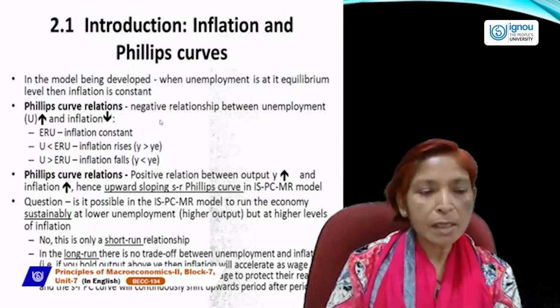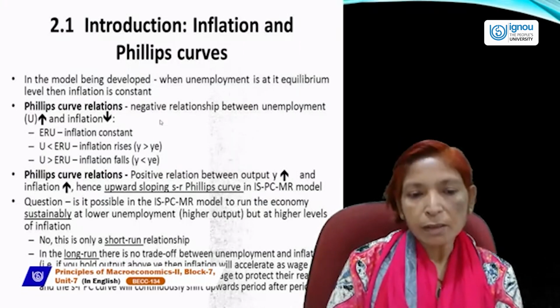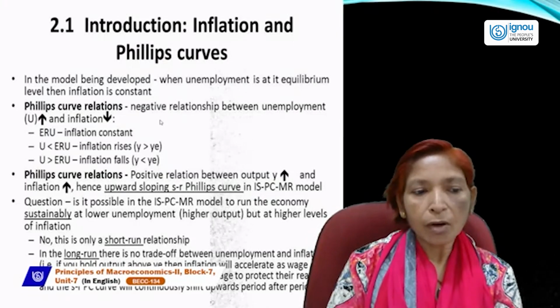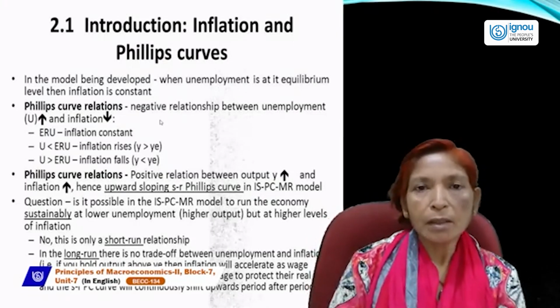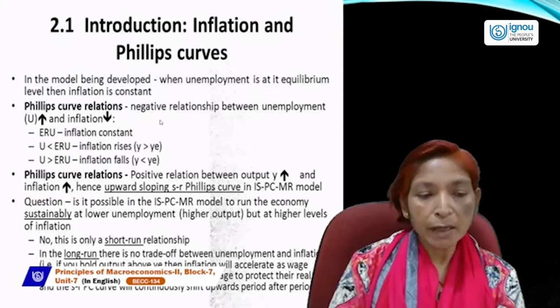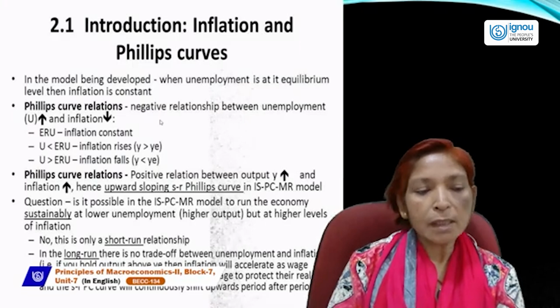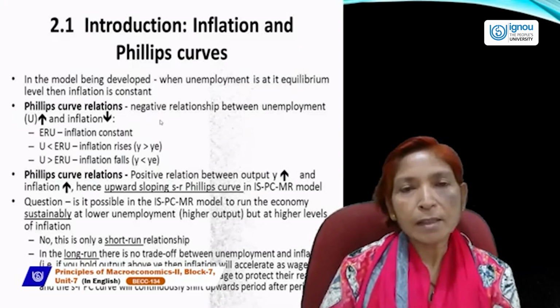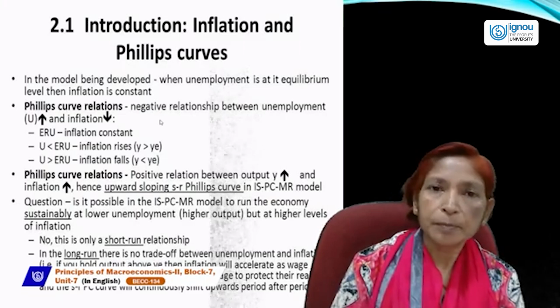Now the question is: in the Phillips curve model or short run model, is it possible for the economy to run sustainably at lower unemployment or higher output but at a higher level of inflation? No. This relationship exists only in the short run, not in the long run.